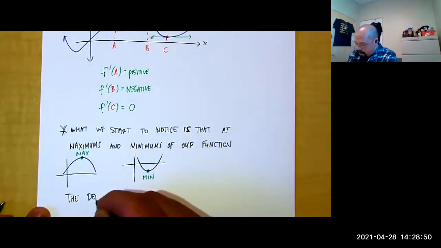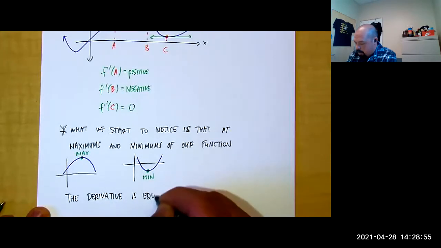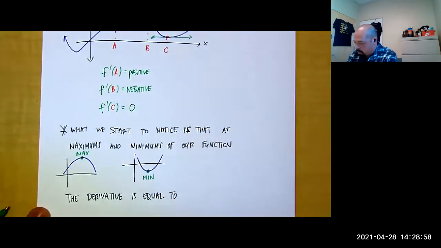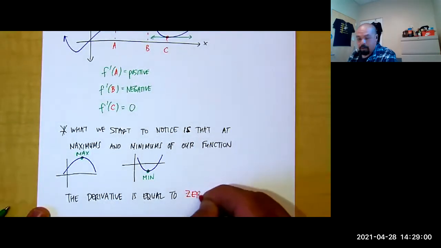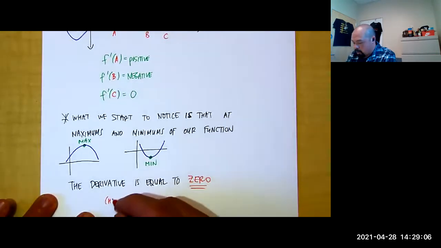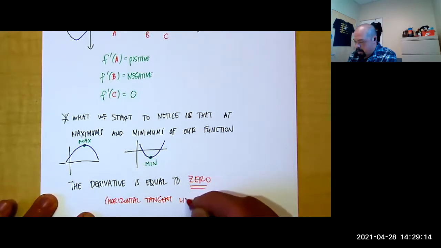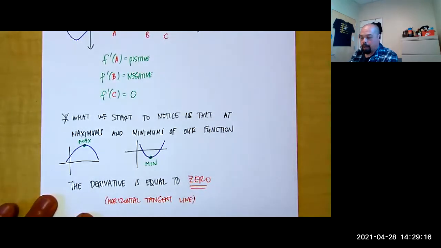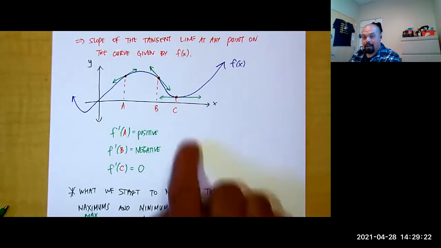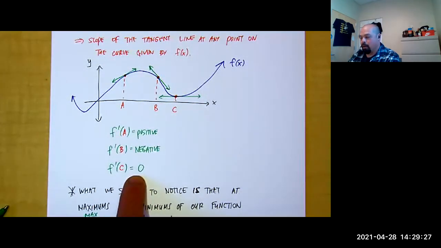The derivative is equal to zero. We're going to have a horizontal tangent line. Just like I had identified at that point C here, the horizontal tangent line, zero derivative.